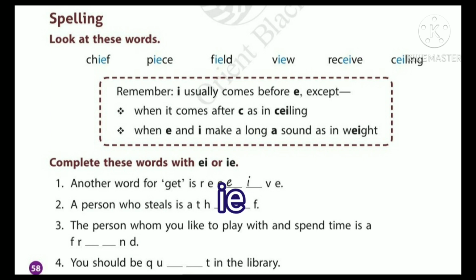Okay. Then third one, the person whom you like to play with and spend time with is a... Who is that person? The word starts with FR and ends with ND. Who is that? Yes, it is your friend. What's the spelling of friend?